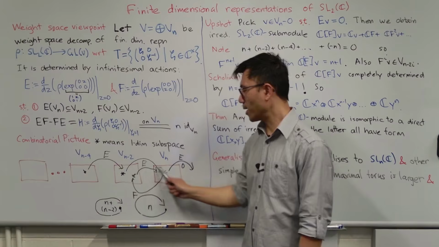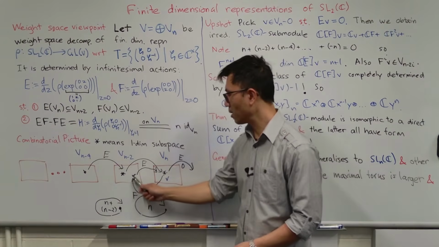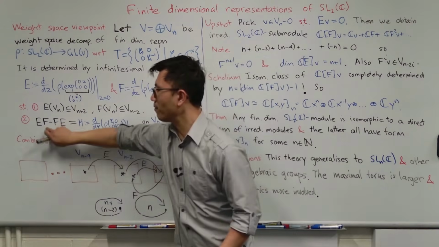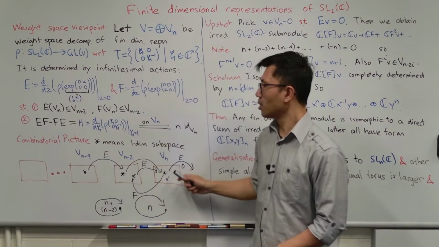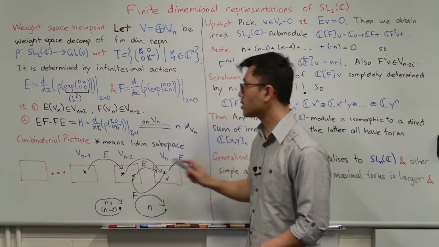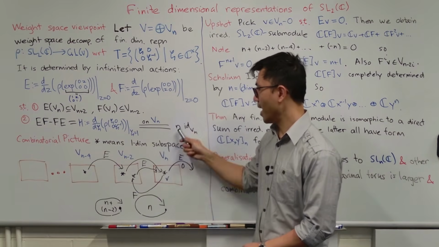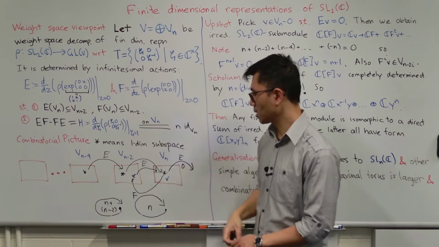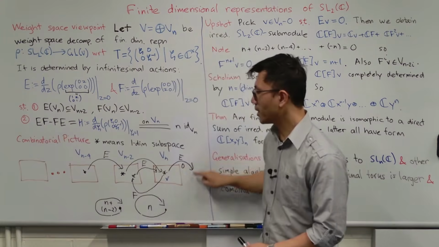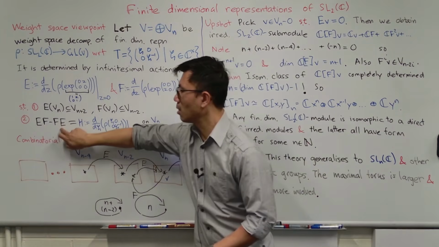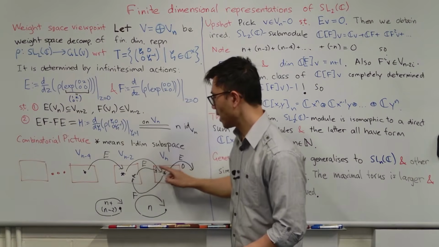So when we go around like this, what we have is basically FE. So that's this EF here. And we know that when we subtract FE, so that means you do E first, and then this one, you'll get H, which is, in this case here, N. Multiplication by N. But going around this way, this term here, when you go around here, is going to be 0. So this EF, going around like this, is E last and then F first.